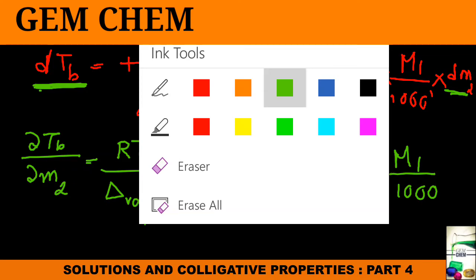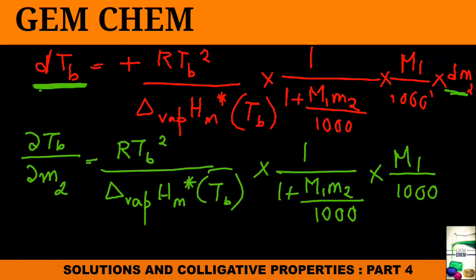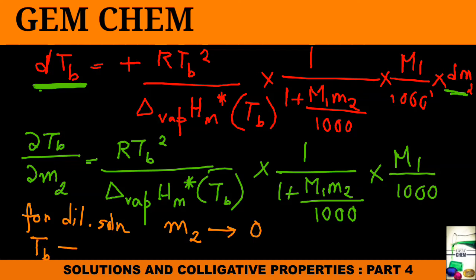Now if we take a dilute solution, for dilute solution, remember this M2 tends to 0, and at that condition TB which we have taken is near about the TB star. Now what is TB star?